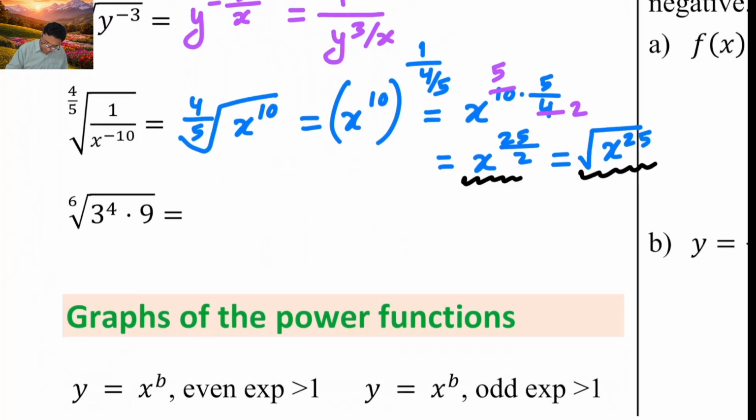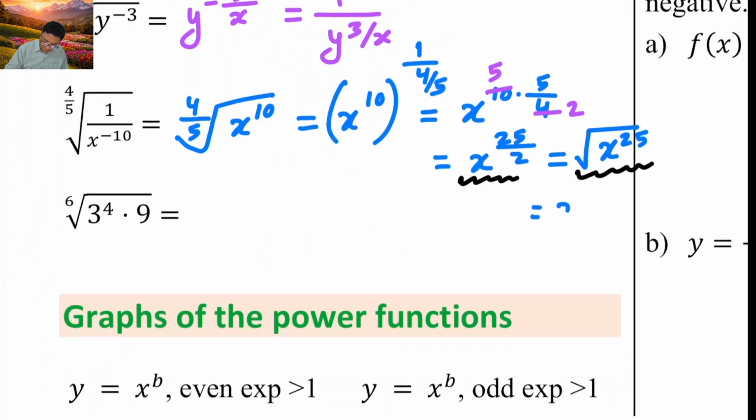Further, if you want to simplify, you can write x to the 12 times root x. I'll only explain that orally, try to understand. X to the 25 is x to the 24 plus 1, right? Under root, x to the 24, when you take it out of the root, is x to the 12, 24 divided by 2.